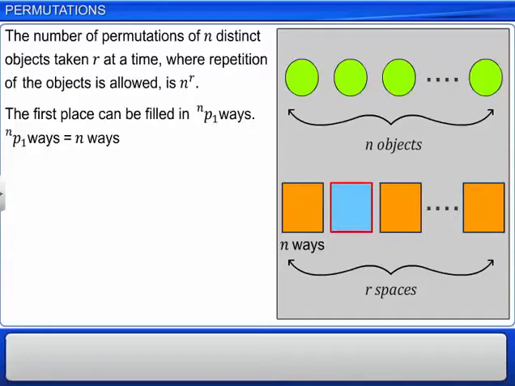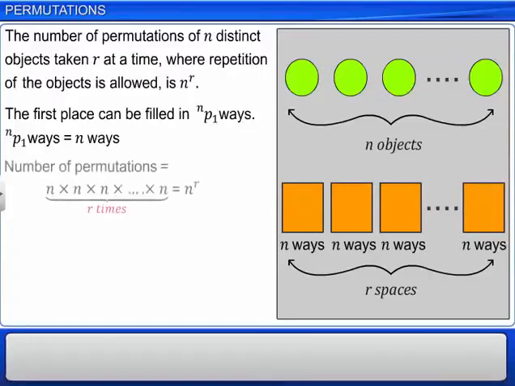Therefore, the second place can be filled with n objects in np1, that is, n ways. Similarly, the rth place can also be filled in n ways. By the multiplication principle, the total number of permutations is equal to n multiplied by n, r times, which is equal to n power r.